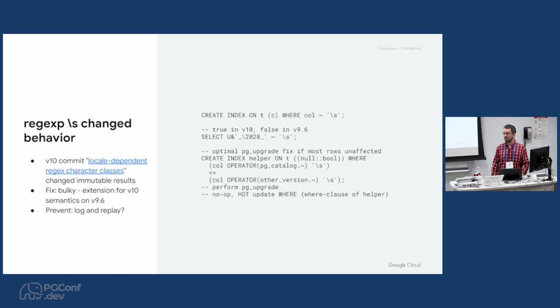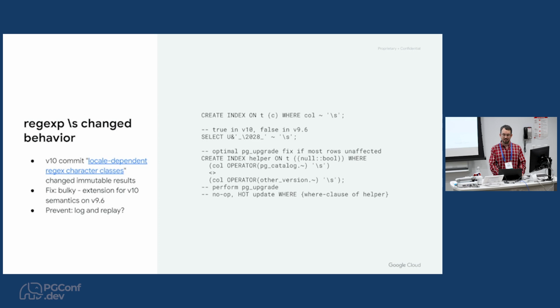If on the other hand, almost every row we're changing, then we would want to build a shadow index that uses the new semantics and then becomes the live index as part of the upgrade process. Either way, you have to ship the future version semantics as an extension to run in the old version, so it's pretty intense.